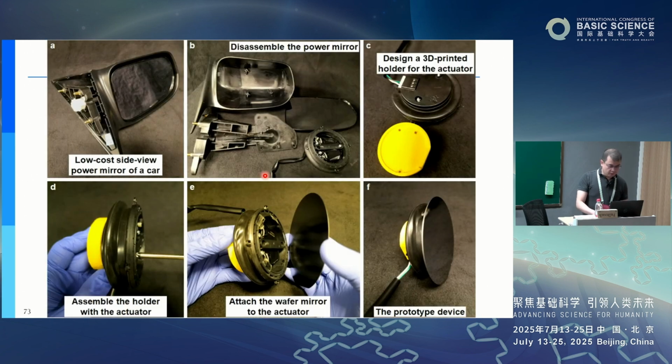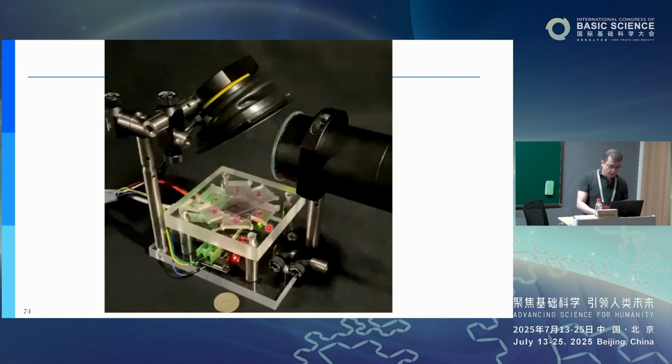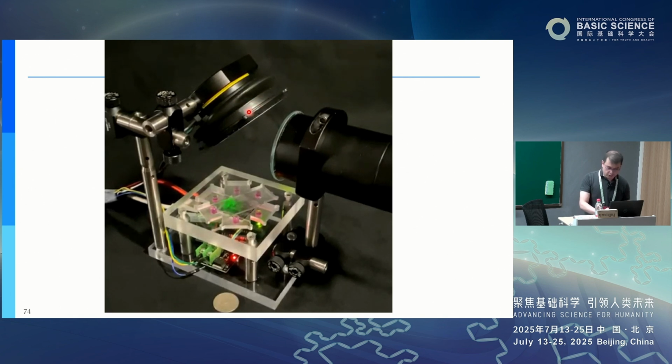We change the illumination angle with this mirror. So this is the device. We have the illumination beam, and then we change the illumination angle by applying a voltage to this motor so that we can tilt the mirror, and we can capture the diffraction pattern.